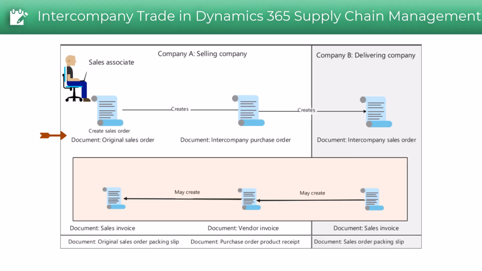Now the second step involves the intercompany purchase and sales order. This is the smart part of this intercompany process.